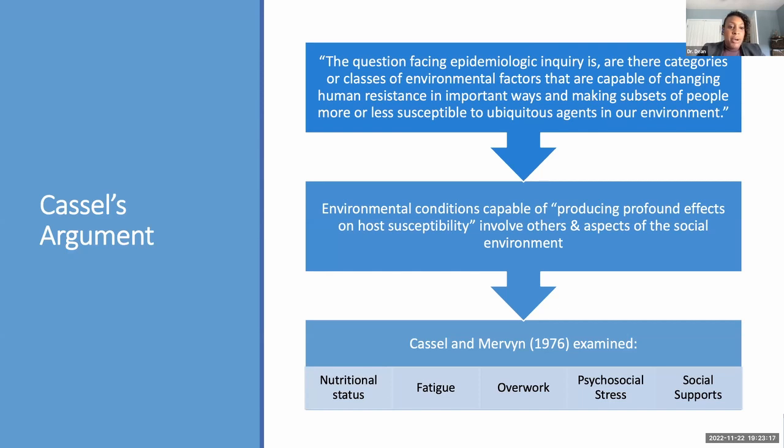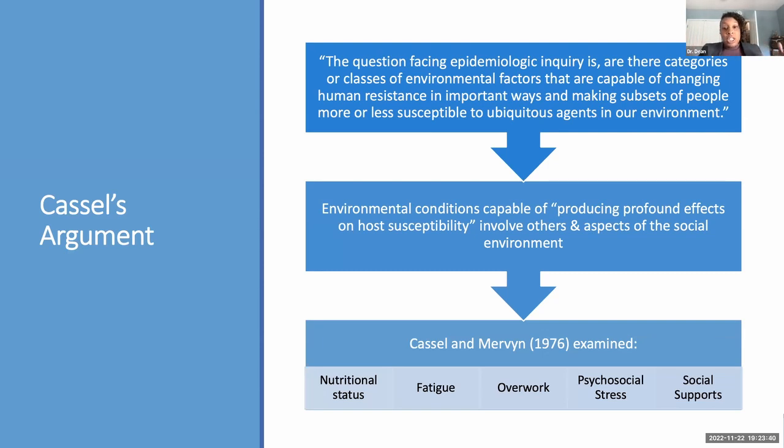So essentially, the idea behind Cassel's work was thinking about epidemiologic inquiry and the ways in which subsets of people would become more or less susceptible to different agents in the environment. And I think it's important to recognize that simply because people live in the same environment doesn't necessarily mean they have the same susceptibility to a disease.